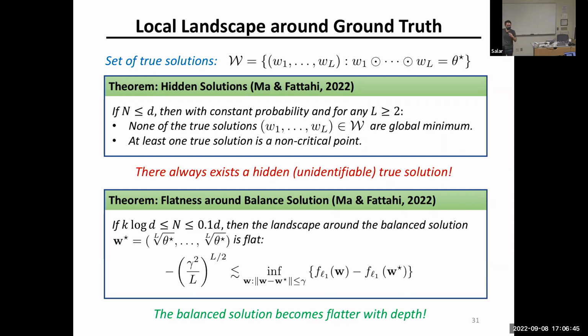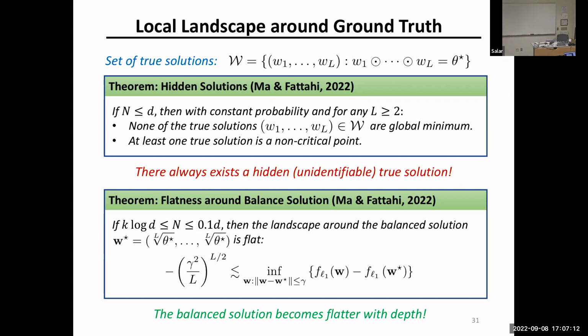The main reason is because you learn different non-zero elements of theta star one at a time. So if you run vanilla subgradient descent, it will do this incremental learning automatically. If the step size is small enough, yes, the step size should be small. The initial point should be very close to the origin.